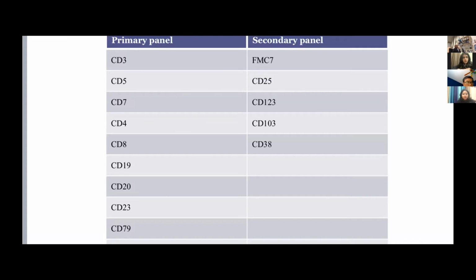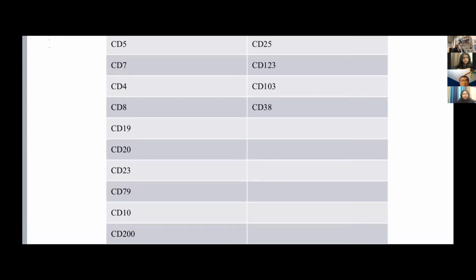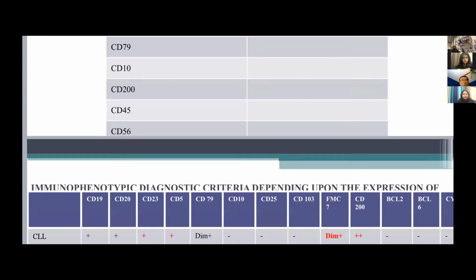And the secondary panel for further subtyping of the cases included FMC7, CD25, CD123, CD103, and CD38, which was used as a prognostic marker, basically in the cases of CLL.